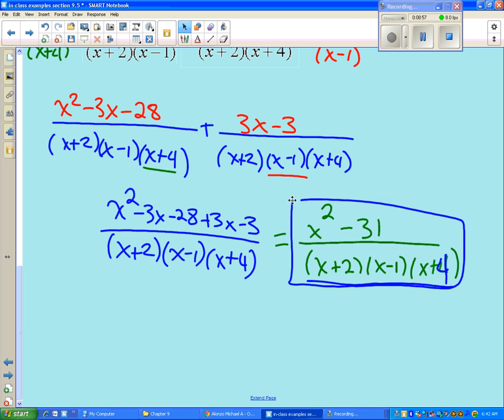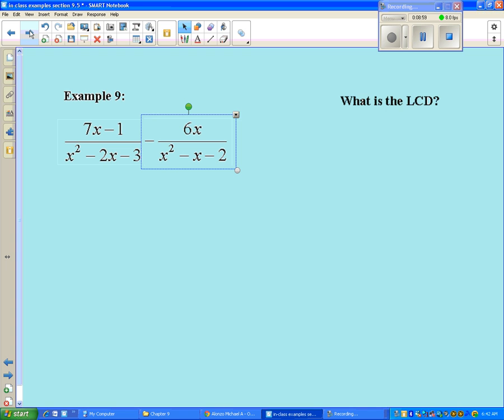One more example, kind of putting all this stuff together. Again, this is the kind of problem you'll see. I have two problems that are being subtracted, and my denominators need to be factored first. Then I can find my LCD.